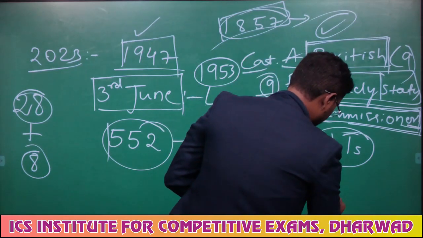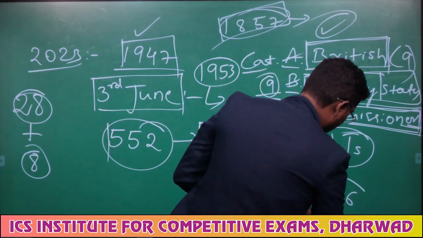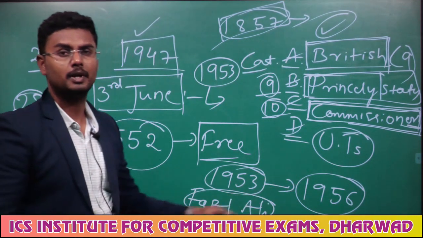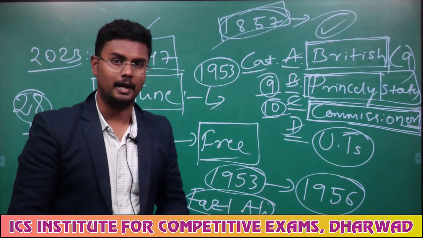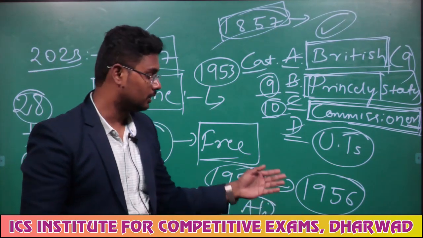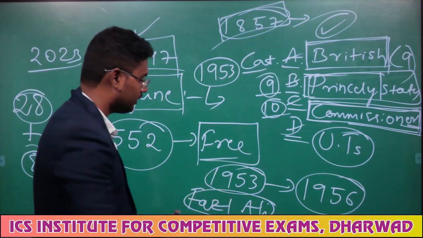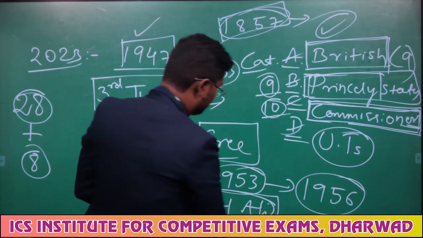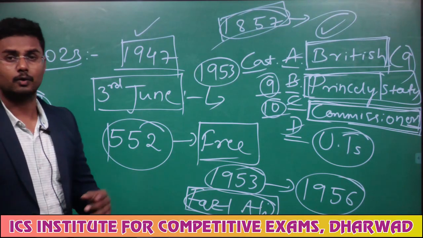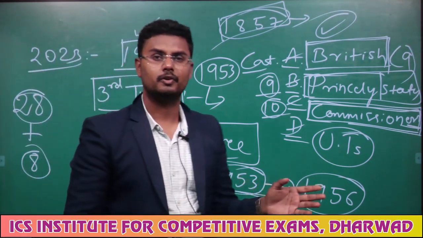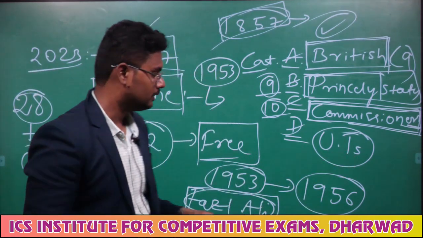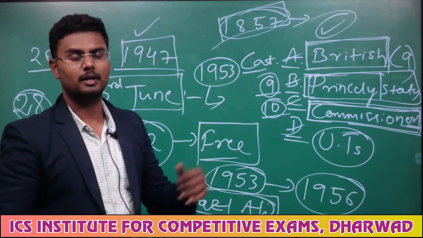So the recommendations of the Fazal Ali Commission were accepted in 1956 and hence came the States Reorganization Act. So what is the basis for the States Reorganization Act? It is the recommendations made by the Fazal Ali Commission. Who was Fazal Ali? He was a judge of the Supreme Court of India. The committee was appointed by Jawaharlal Nehru.